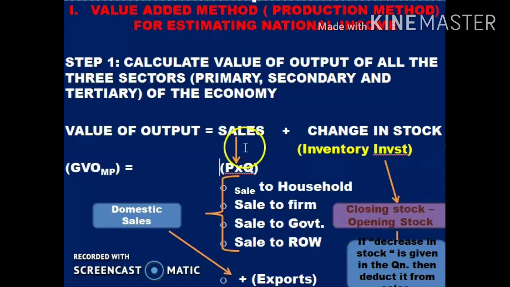That is known as sales: how many rupees it has been sold for, how much quantity has been sold, in terms of rupees. Next is change in stock. These two are added together to find the value of output. Change in stock is otherwise known as inventory investment.